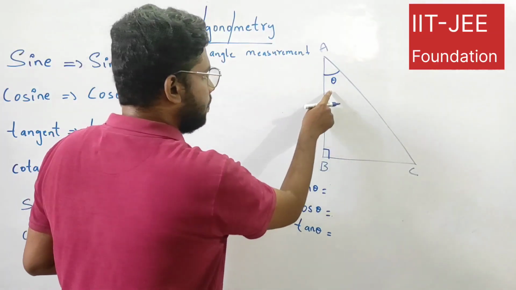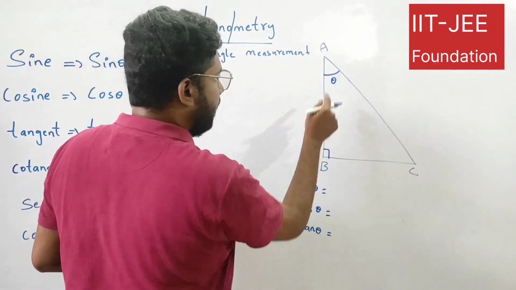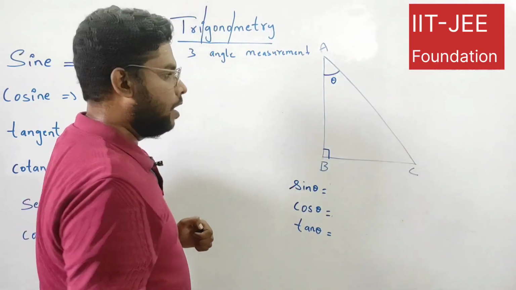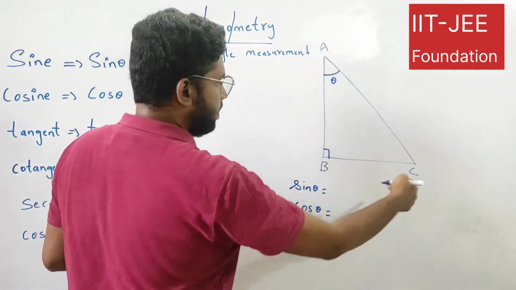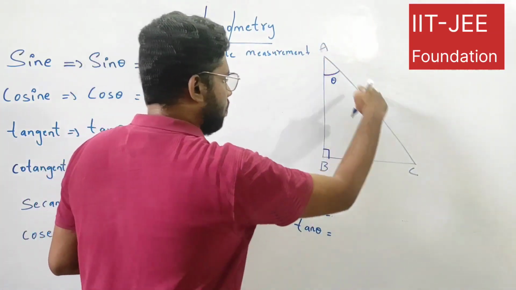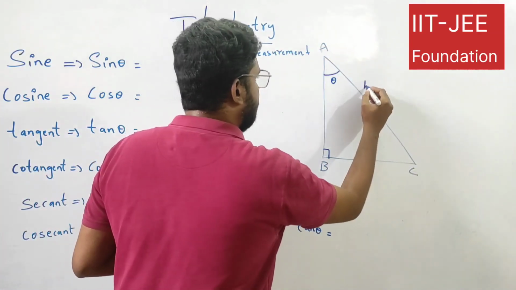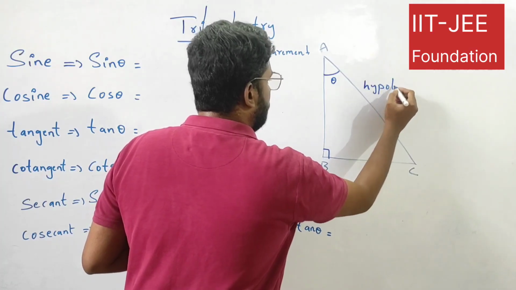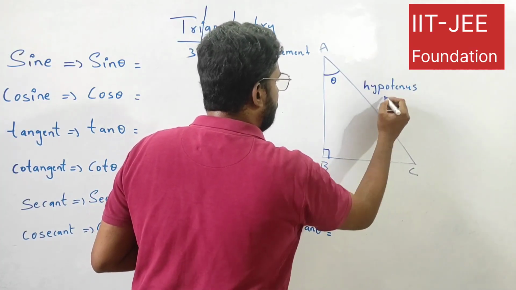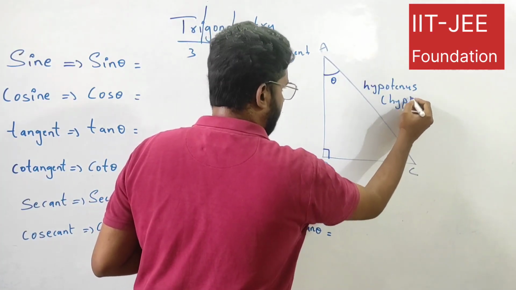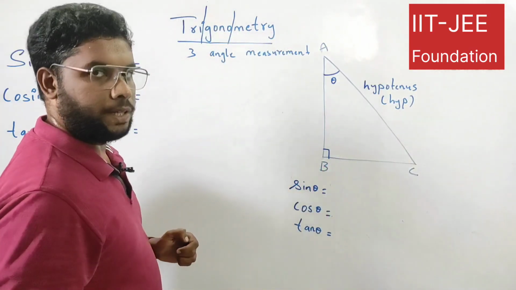So theta here is the angle made at A. So now first we will name the sides of the triangle. This is always considered to be the hypotenuse, in short form we will write HYP. Okay, this is the hypotenuse.